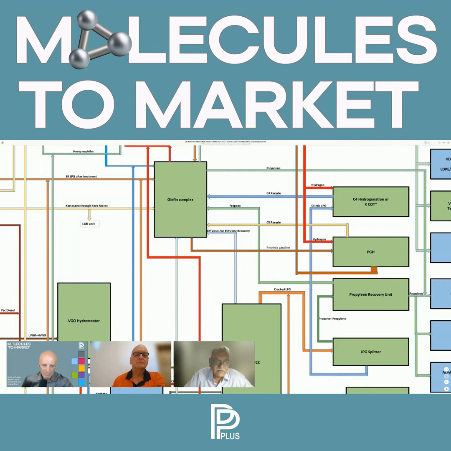Let's go up and look at the CDMS block. If we look at the first block, which is naphtha hydrotreater and splitter, the naphtha splitter again is an open art process. There is no technology linked with it. But naphtha hydrotreater is a technology unit.